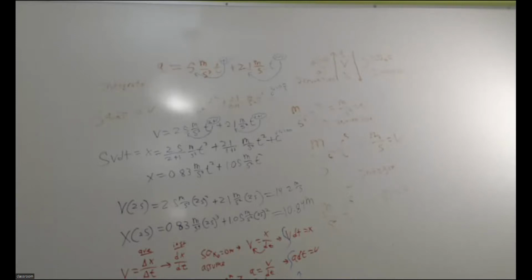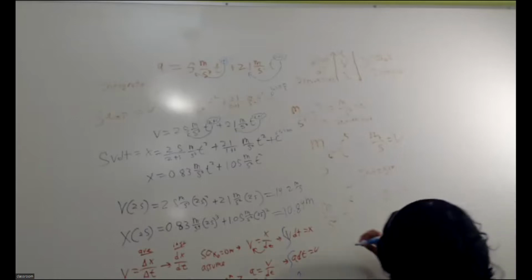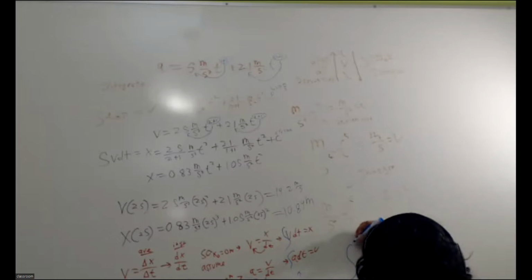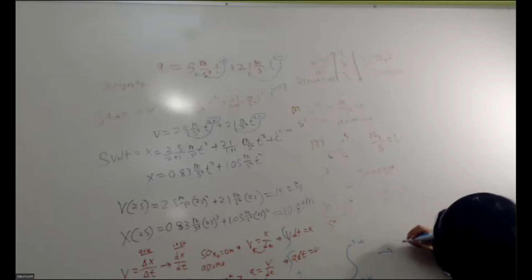If you do have an x naught or v naught that is not 0, then you still do this, but when you do the integral, you evaluate it at the final and initial values. So when you get your equation, you do this little bar, so you have final, initial.